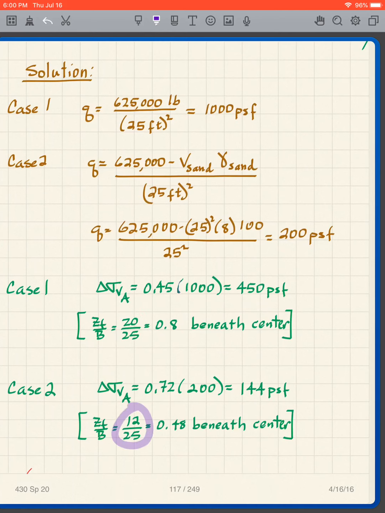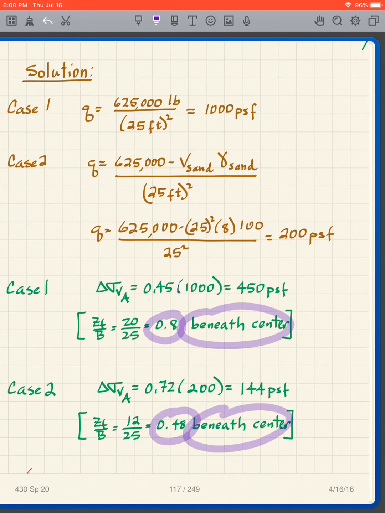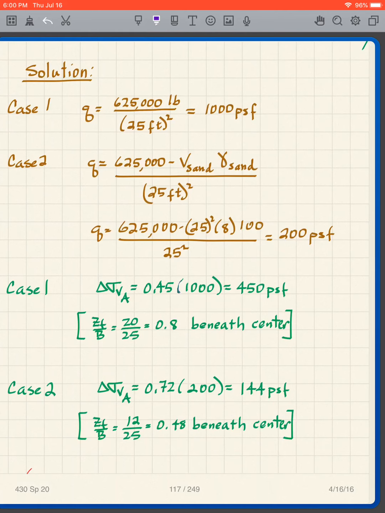For the other one, it's 12 over 25, which is 0.48, again, beneath the center. So the numbers we want to remember right now are 0.8, 0.48.